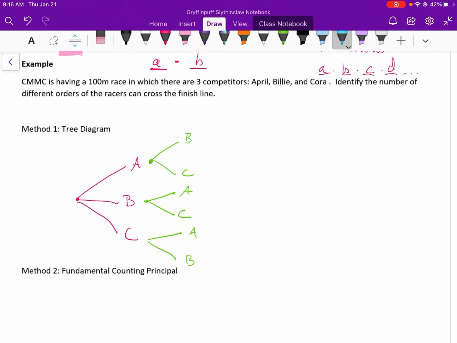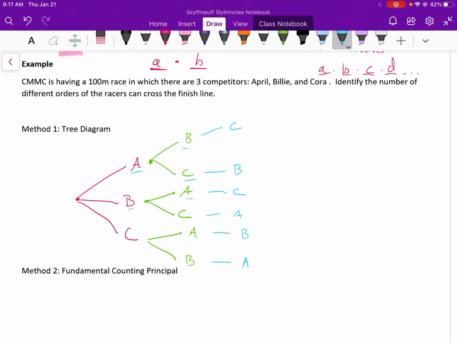If Cora comes in first, then it's up to April or Billy to come in second. Now, if April's first and Billy's second, then Cora must be third. If April's first and Cora's second, then Billy must come in third. If Billy's first and April's second, then Cora.